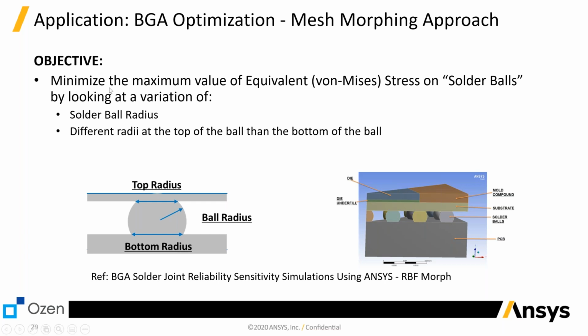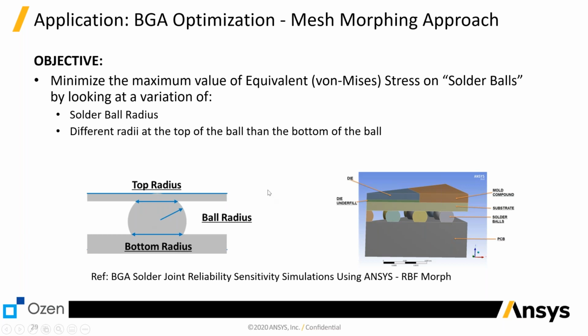We want to look at the variation of the solder ball radius, with the top radius different than the bottom radius. So we basically have three variables: the ball radius, the top radius, and the bottom radius.